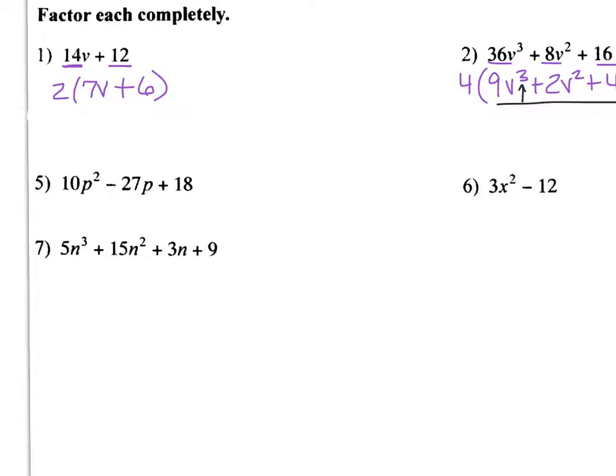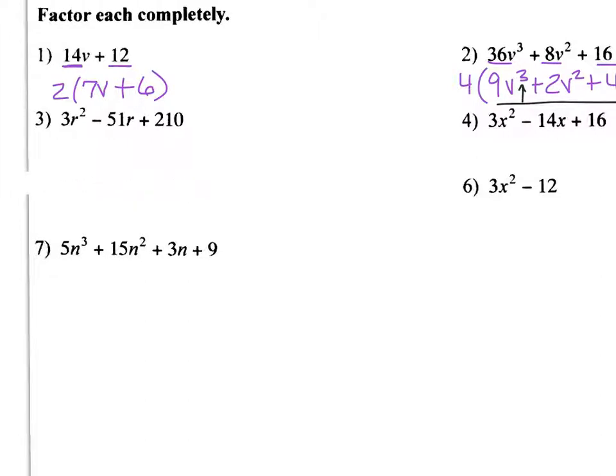And again, I'm going to erase some of these so I can see them to do them. Let's go ahead. Do this right here. All right, there we go. Okay, so again, we're going to start with GCF.